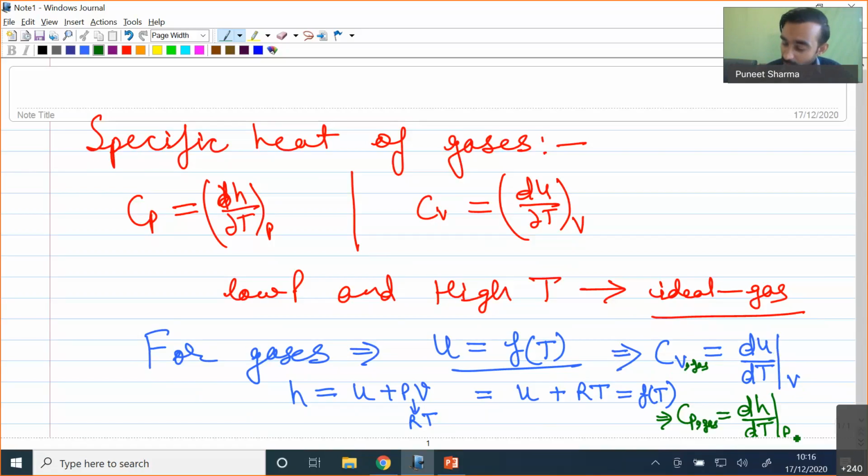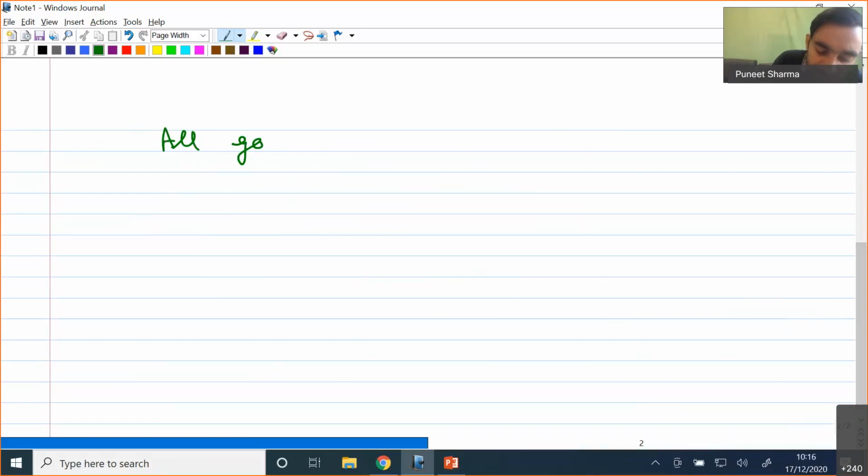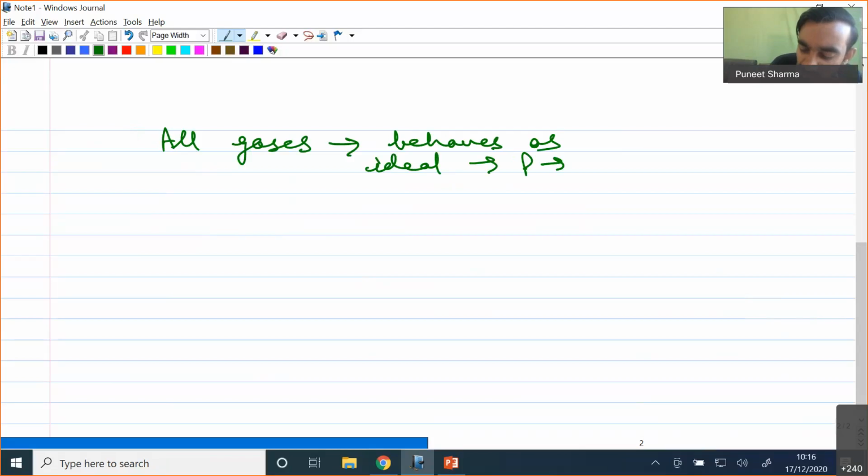Now one important point I would like to highlight: as we have already seen, almost all gases behave as ideal when our pressure is approaching zero. So under this condition, every gas will behave as an ideal gas.